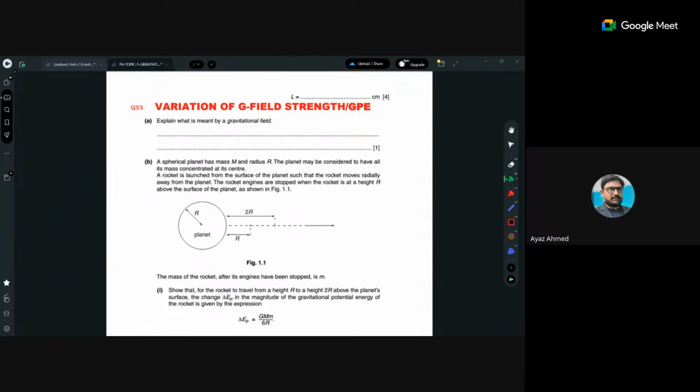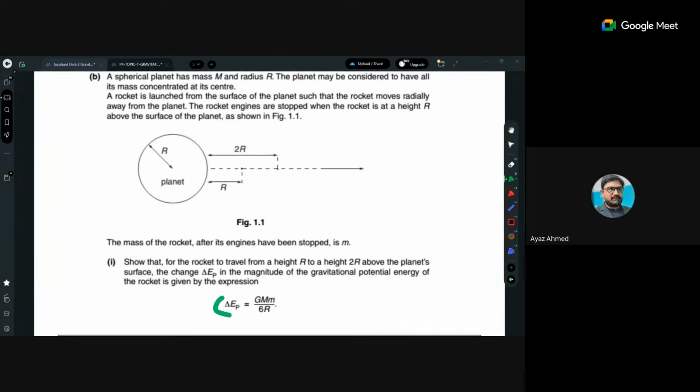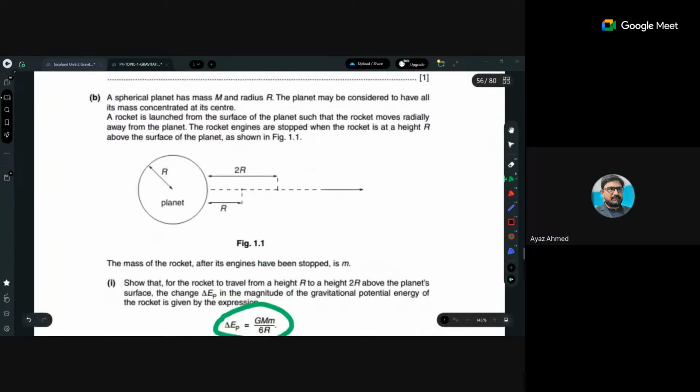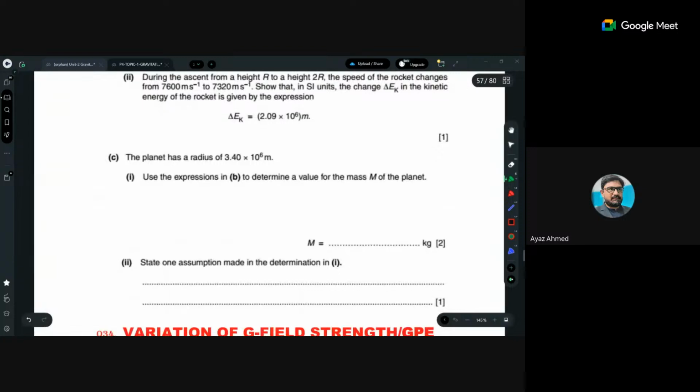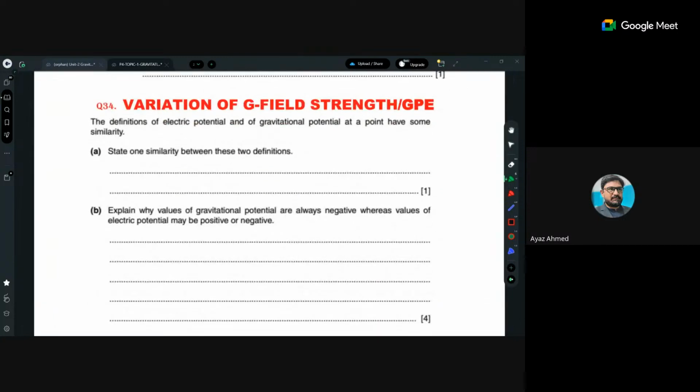Yes, there is another question like this. Check this one out. But it has some gravitational potential energy consideration later on. That's why we will discuss that when we are done with gravitational potential energy. ठीक है जी? This is variation of gravitational field strength. Check this one out.